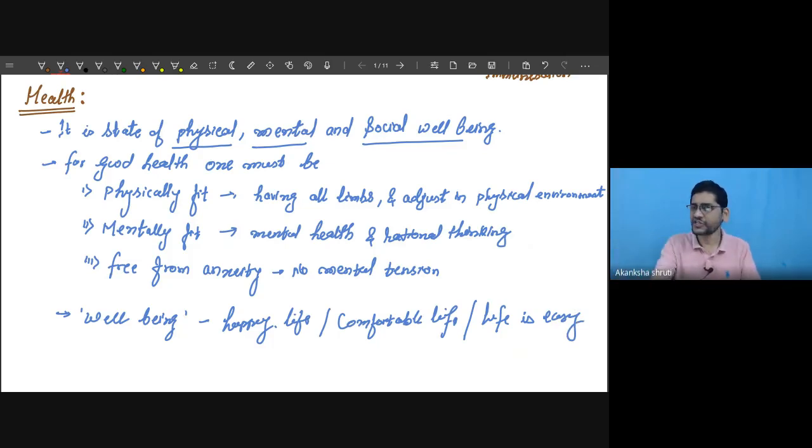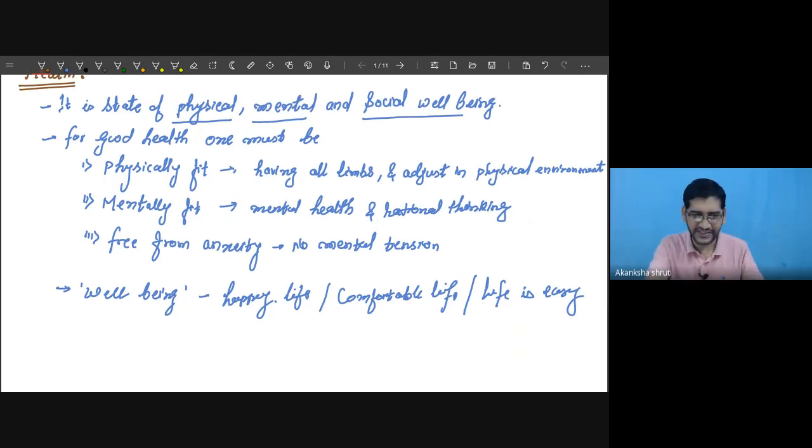But there are certain situations when a person starts getting irritated and feels that life is not comfortable. Like if you have continuous pain in your stomach, then you are feeling uncomfortable. So these uncomfortable situations are called disease. So students, diseases are nothing but uncomfortable situations.